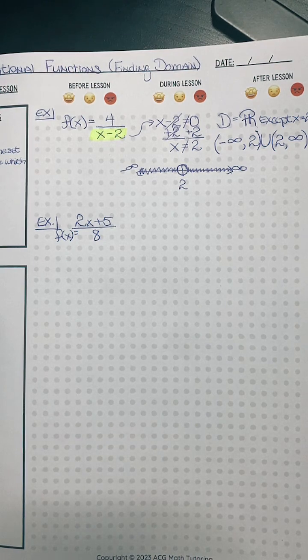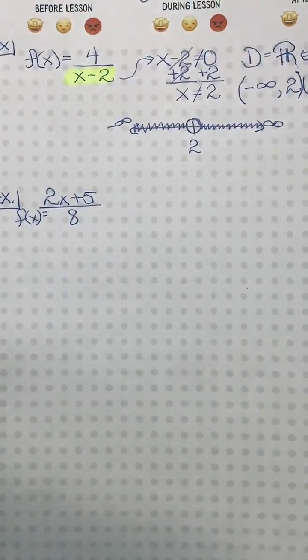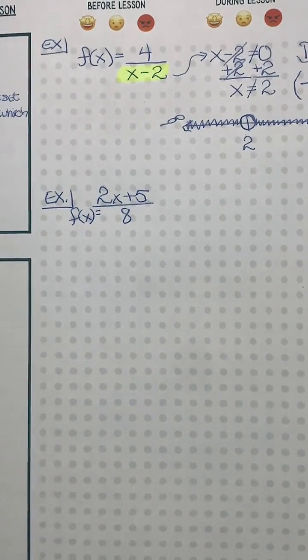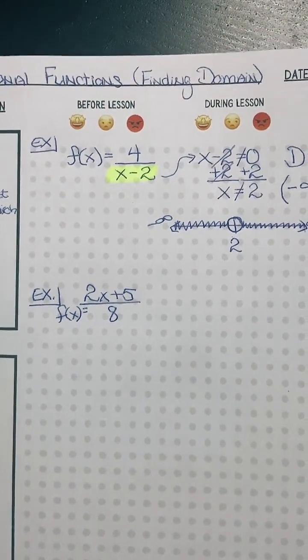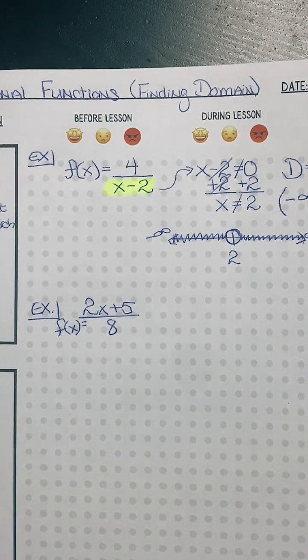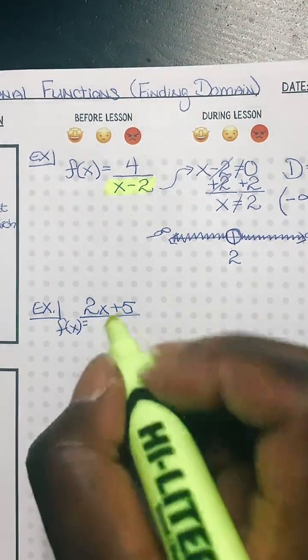All right. So we just want to know what is our domain. Let me see if I can put the other one up here too so you can see both. All right. So now we again are trying to figure out our domains.